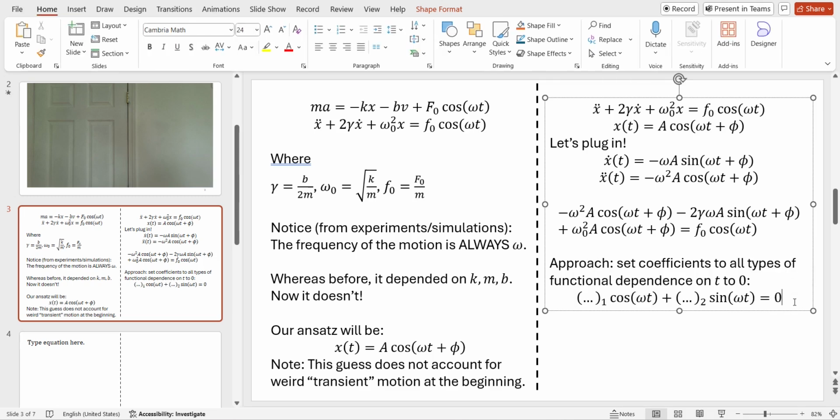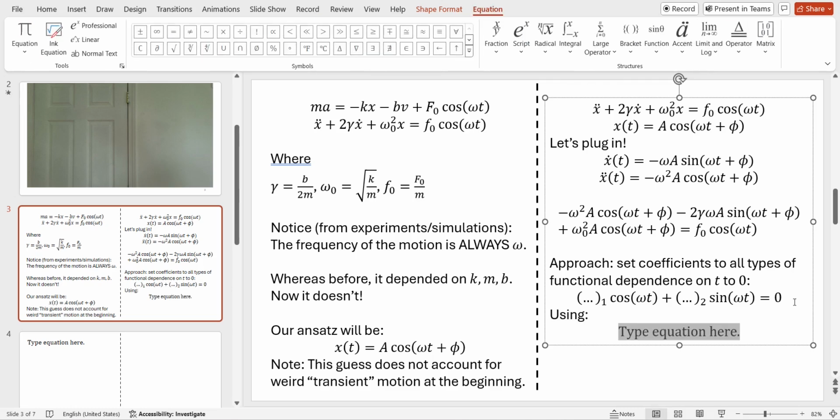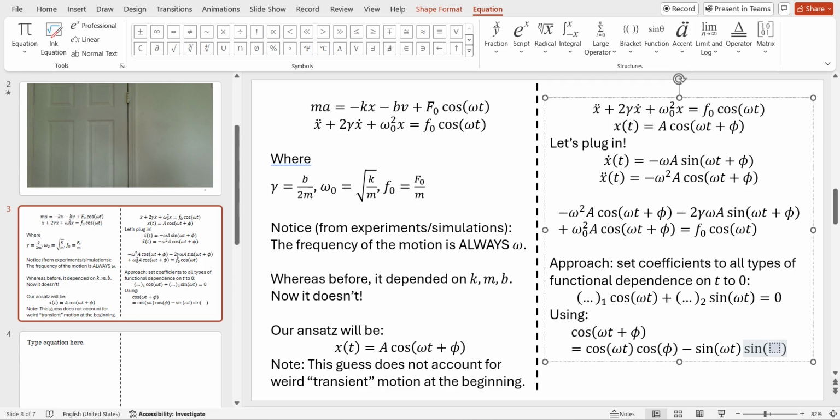Well, you have to use these sum angle identities. Cosine of omega t plus phi is going to be cosine of omega t cosine of phi minus sine of omega t sine of phi.